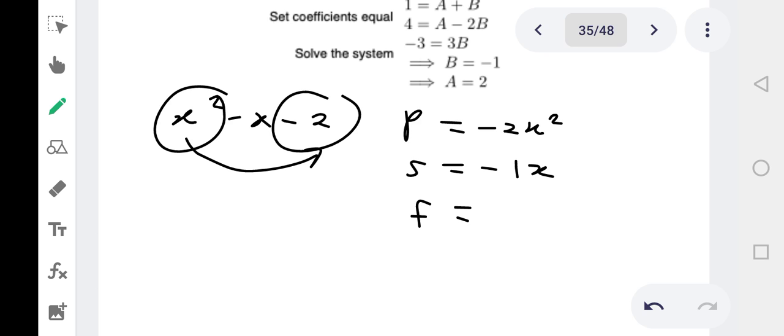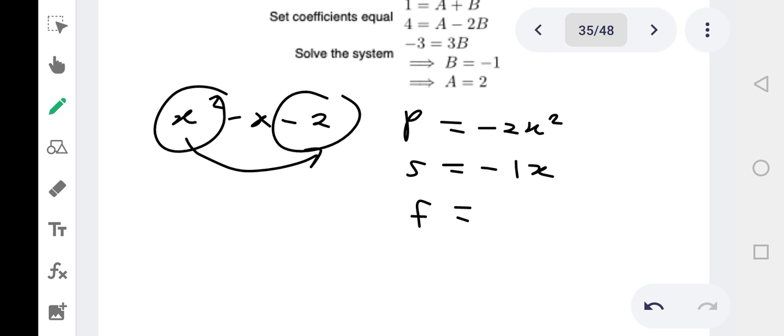What are the factors? Two numbers that when you multiply, they give you negative 2x squared, and when you add them, they give you negative 1x.